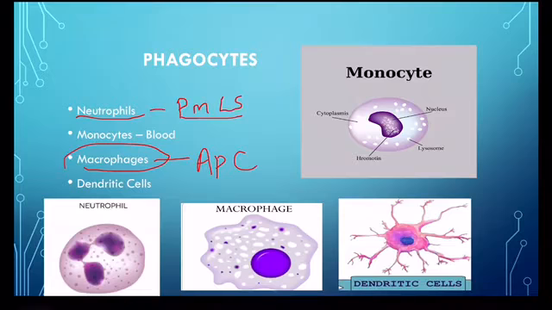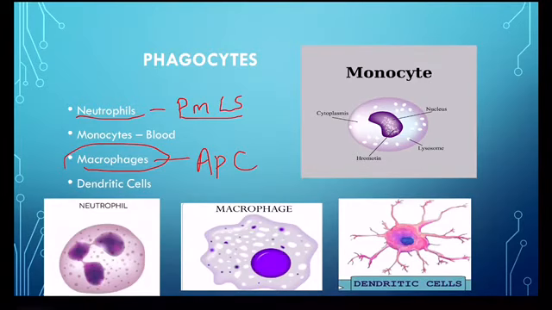The macrophages in the lungs are termed alveolar macrophages. The macrophages in the liver are Kupffer cells, and in the kidney they are called mesangial cells. So they have different names based on their presence in different tissues or organs.